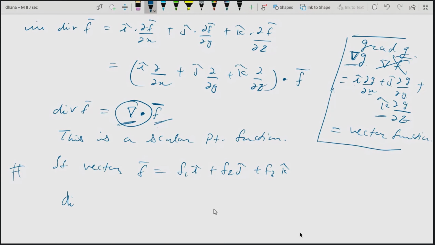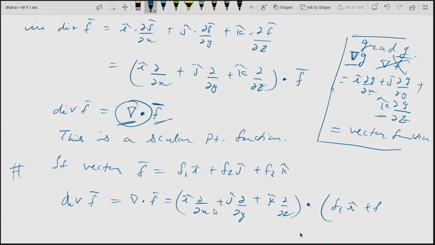Now when you apply divergence on this F bar, divergence means del dot F bar. What is del? It is i dou by dou x plus j dou by dou y plus k dou by dou z, dot product on F bar. What is F bar? F1 i plus F2 j plus F3 k.